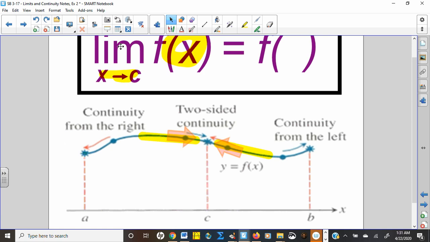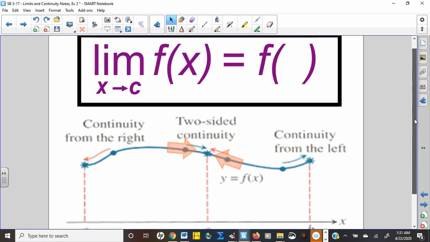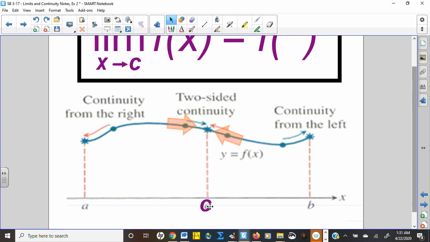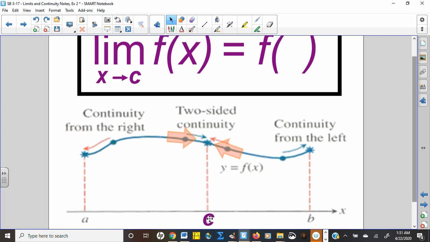Well, this is what yesterday was all about. If you're thinking to yourself, the c value that x is approaching, if I plug that value into the function, it's got to generate the exact same y value, the exact same height as the limit which we are approaching.